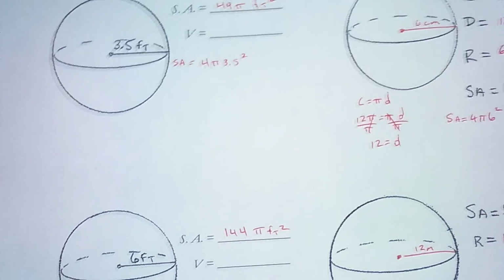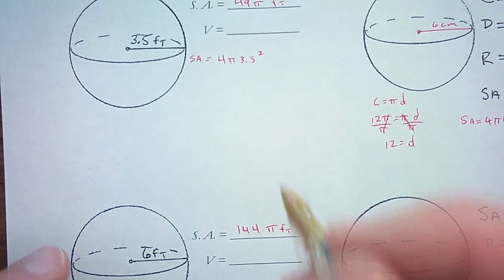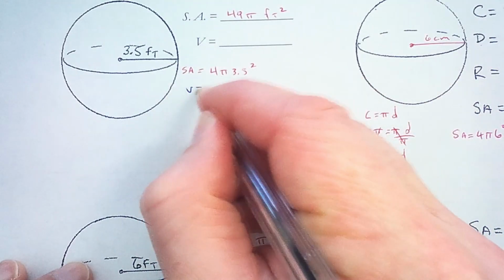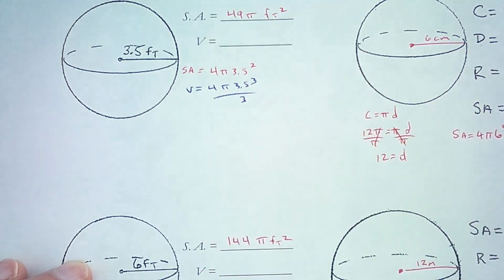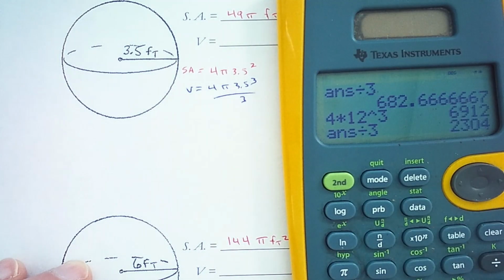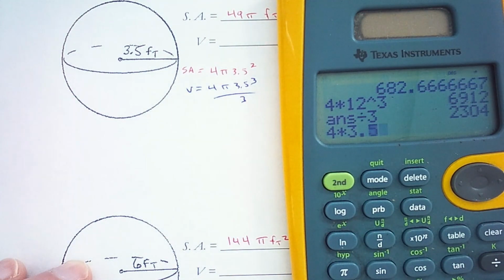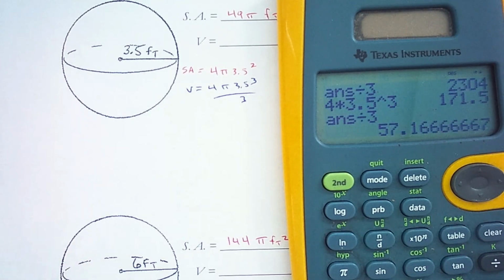Our next sphere has a radius of 3.5, so the volume is 4 pi 3.5 cubed over 3. So in our calculator, we have 4 times 3.5 cubed, and then divided by 3. Okay, now this one gives us a bit different decimal.